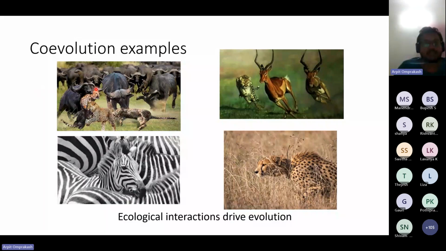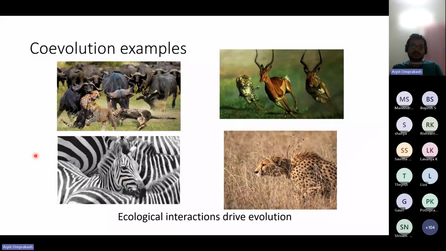Zebras have stripes, which are an evolution that helps them survive better against animals such as cheetah or lion, which are found in the same area.